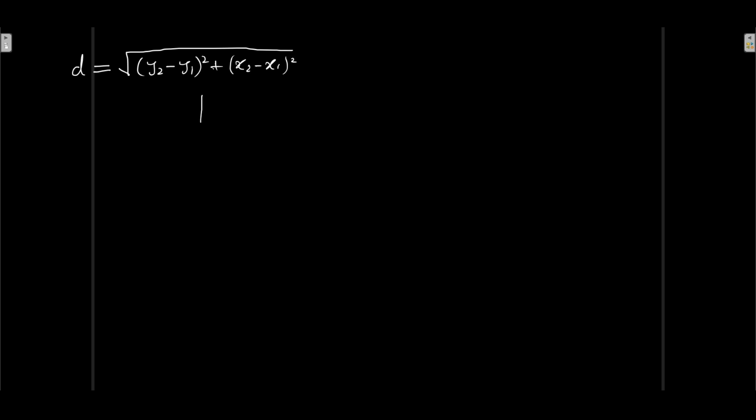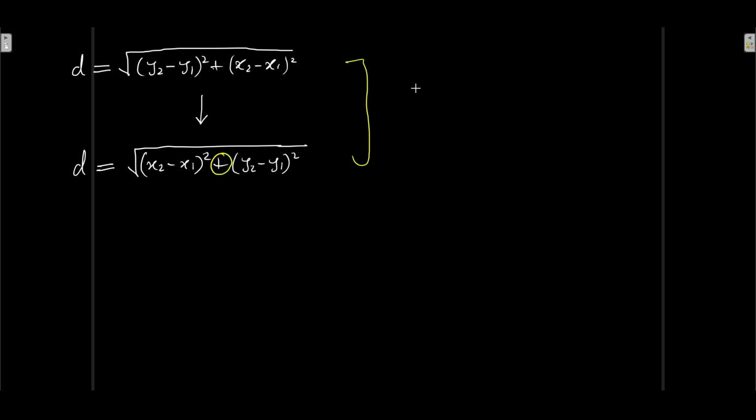But this distance formula can be written in a form in which you write this bracket first and this bracket in the second position. The reason behind this is this addition sign. When we add two numbers, for instance 2 plus 3 will give you a 5, right? And 3 plus 2 will also give you a 5.